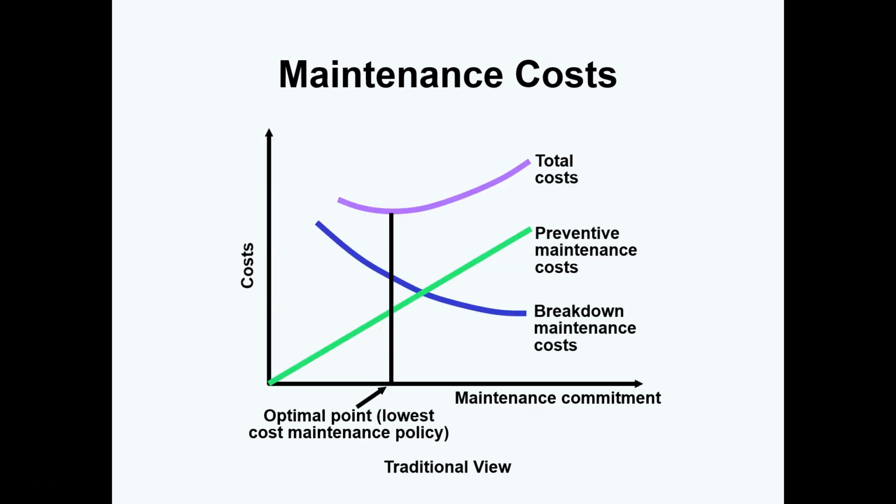In the traditional view of cost, by increasing the preventive maintenance, we decrease the breakdown maintenance, which will bring the total cost to its lowest value, then it starts increasing again. The lowest total cost will not be the point where preventive and corrective maintenance meet. So even with preventive maintenance, we have to be careful not to exceed the limit, otherwise that will affect the total cost, and you will have lots of items in inventory.